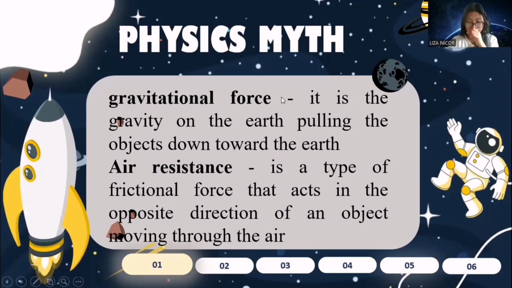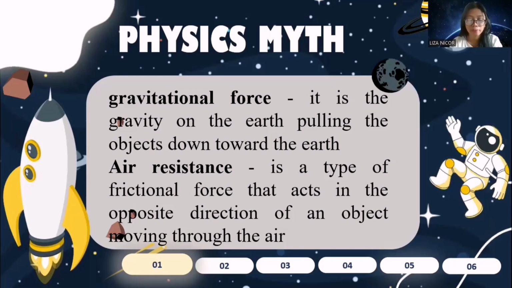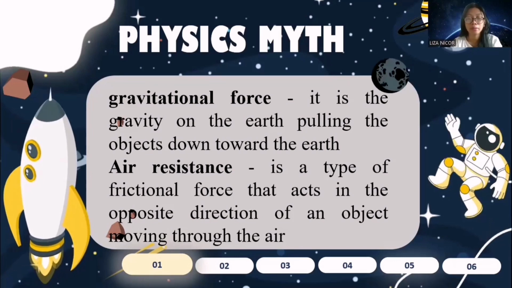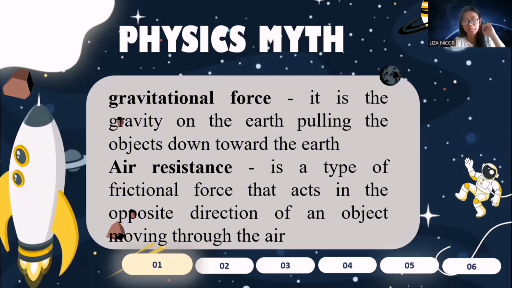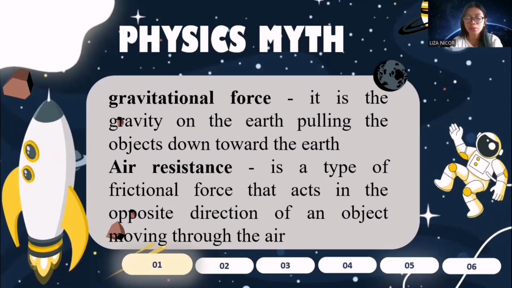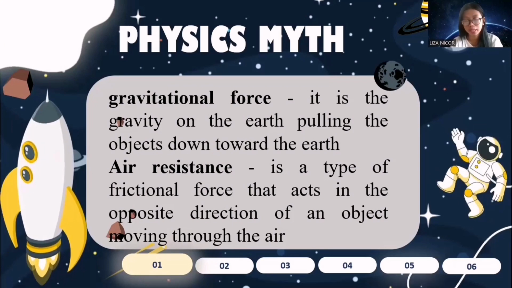Some objects appear not to follow this rule, like a feather or the flat piece of paper in the example a while ago, because of the air resistance that slows them down, even with the pull of gravity.